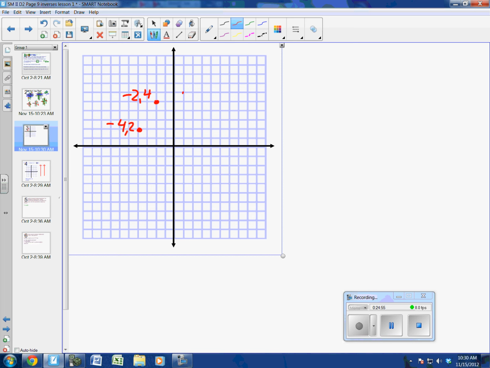Then graph the point 1, 5. And then graph the point 3, 10, and connect them like this. Okay, connect those points.